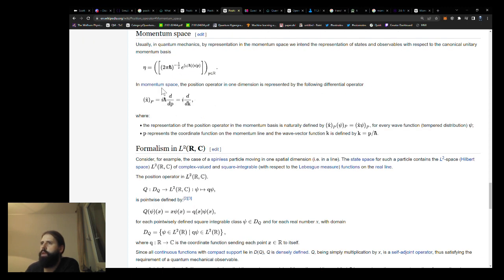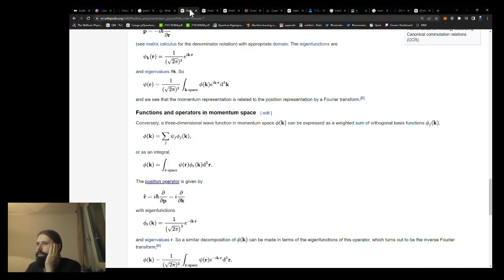Yeah, that's the position operator in momentum space. Exactly. Now I think I connect it. And that's how you would do it here.